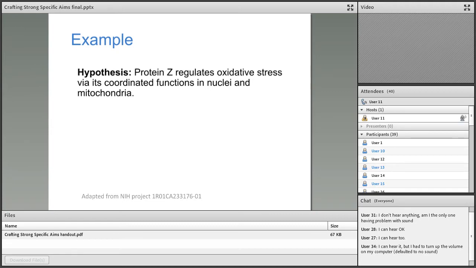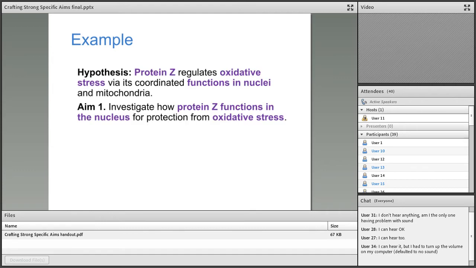So this is one more example from a hypothesis-driven project that shows an issue that I've seen when editing grant proposals. So the hypothesis is protein Z regulates oxidative stress via its coordinated functions in nuclei and mitochondria. So aim 1 talks about how protein Z functions in the nucleus for protection from oxidative stress.